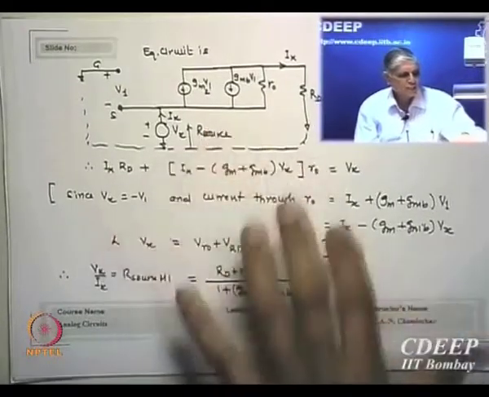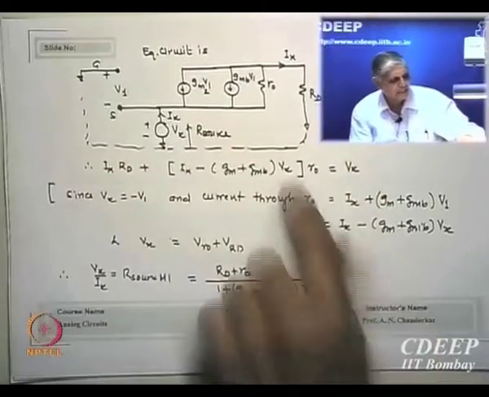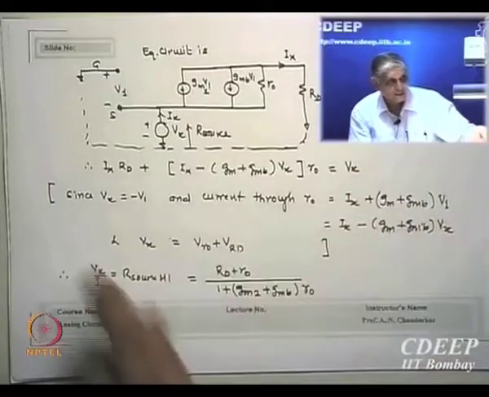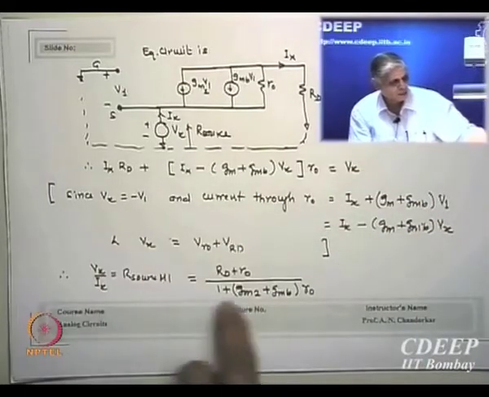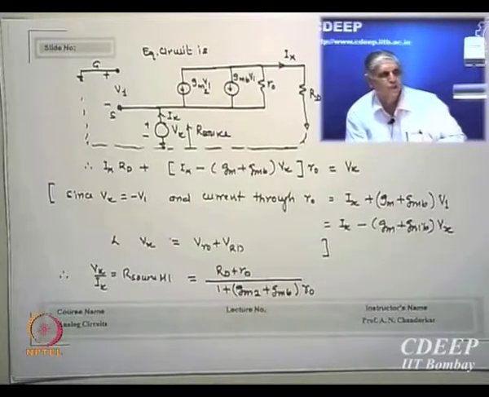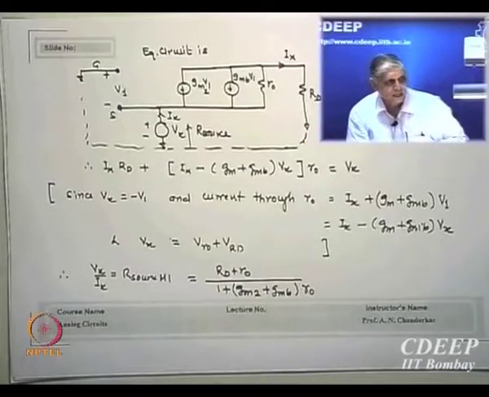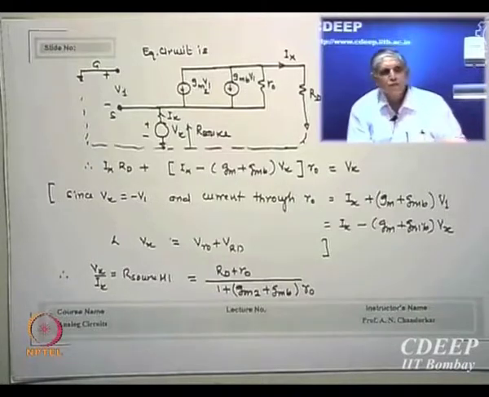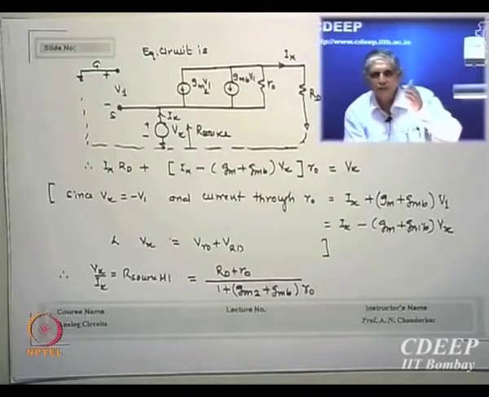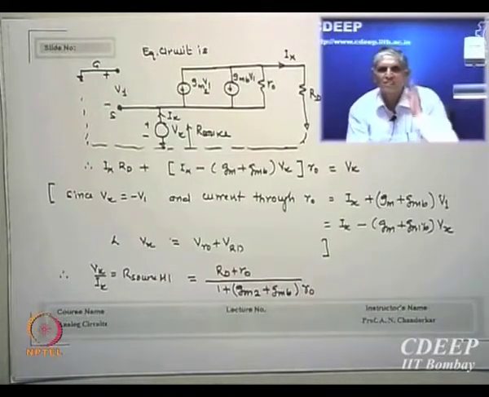In this equation, Vx is here and Vx is also here. Solve the equations. So Vx by Ix will be equal to (Rd plus R0) upon (1 plus (gm2 plus gmb) R0). Is that okay? What is this value? This is the source resistance as seen by M1. Is that okay? This is the source resistance as seen by M1.